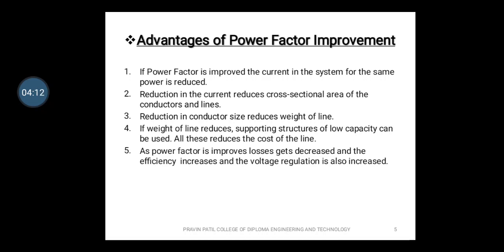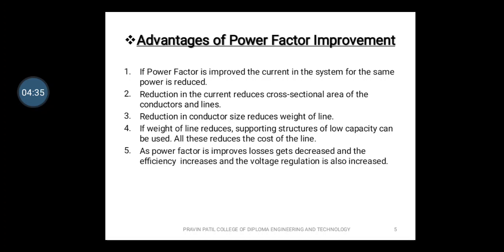For the same power, the load current and losses decrease due to power factor improvement. As we know, the cross sectional area of the conductor is directly proportional to the load current. Hence, if load current reduces, then cross sectional area also reduces.